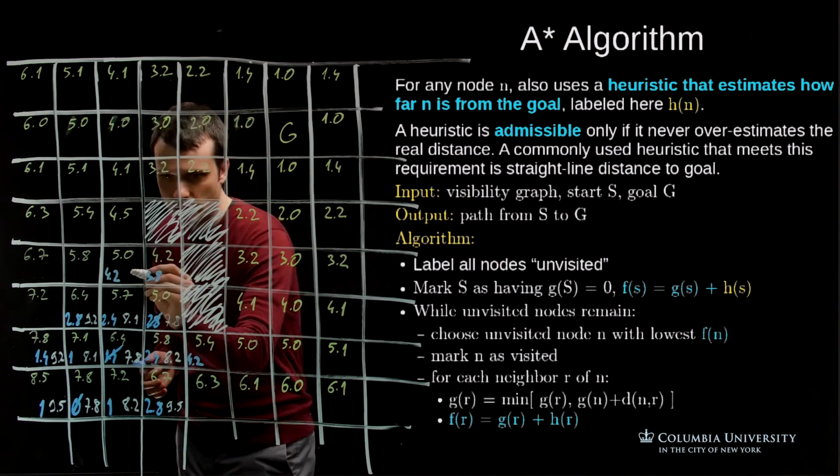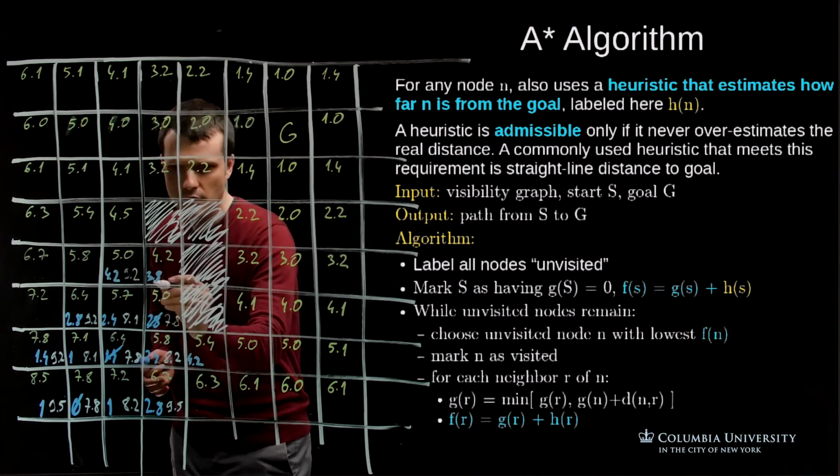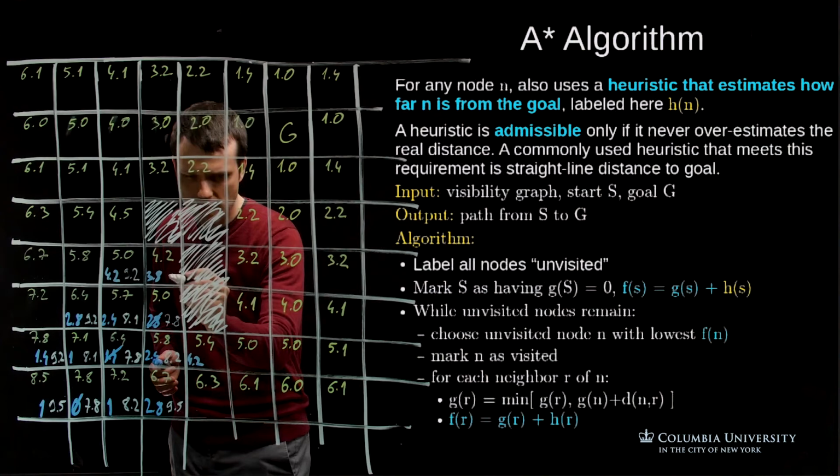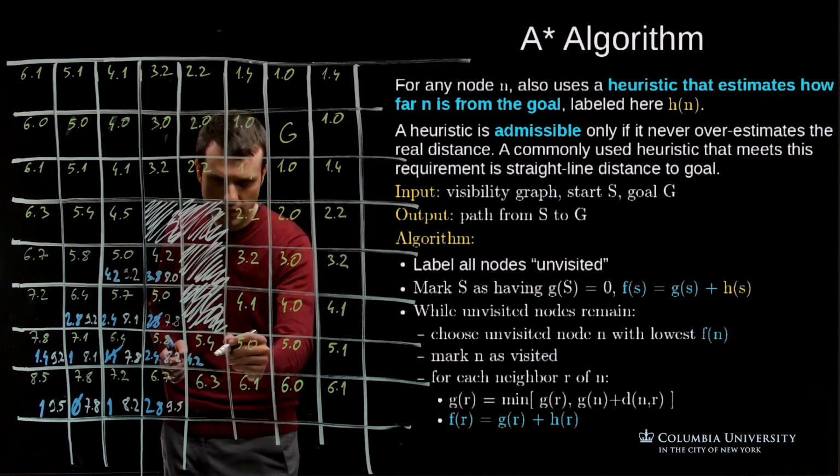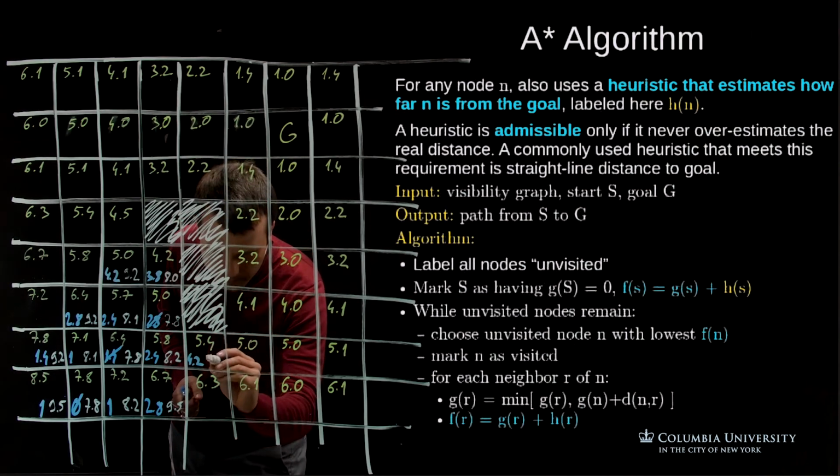So here I'm going to have 9.2. Here I'm going to have 8.0. And here I'm going to have 9.6.